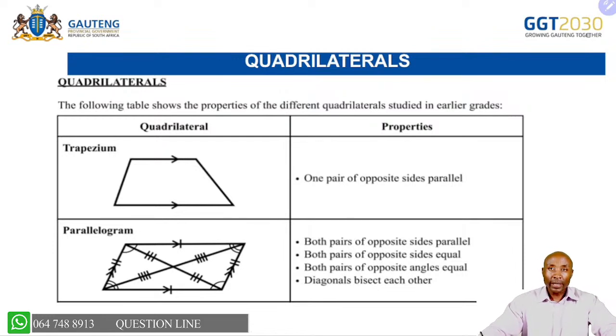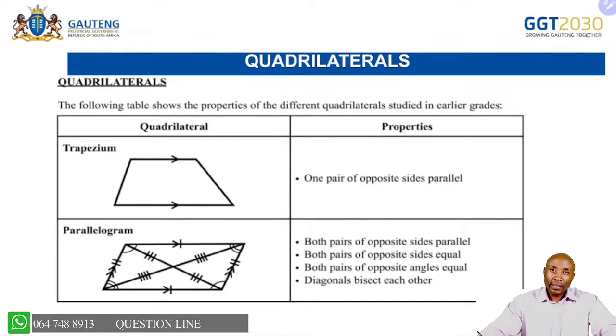Then we have our parallelogram. You will find out that most of our quadrilaterals that we are studying or we have studied have the properties of a parallelogram, and I will not mention them because you already know them. You just need to go back and revise them.